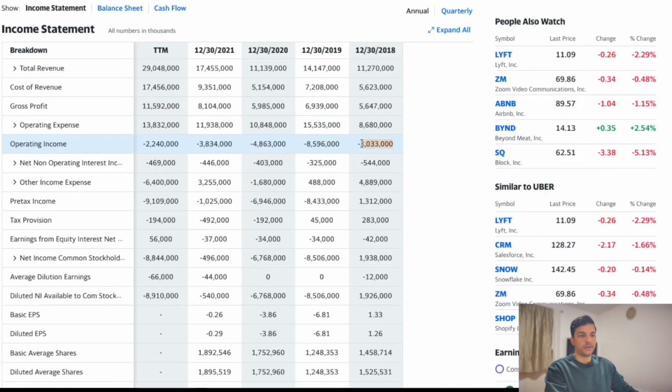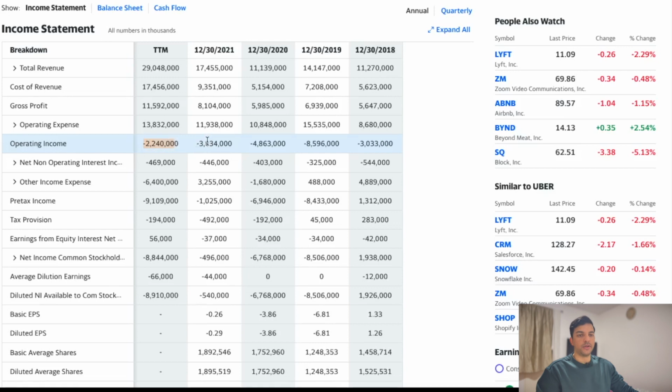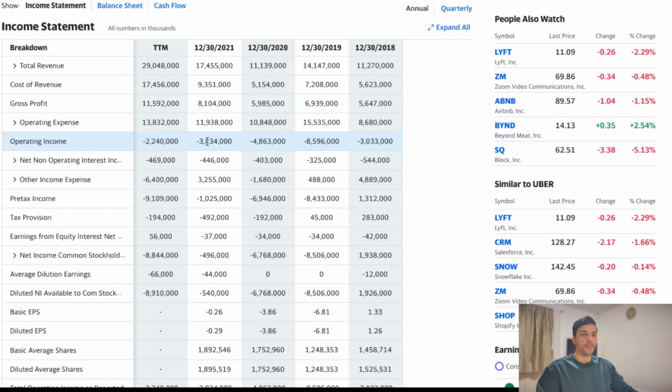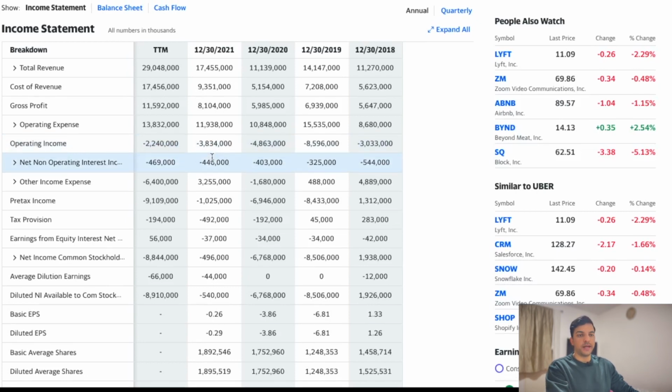Every year you can see 3 billion, 9 billion, 4 billion, 3 billion, and even in the last 12 months they're losing money on their operation, and minus 2.2 billion is going out of the pocket of investors. So this is not the kind of company I would probably go for, because the financial of the company doesn't look good.